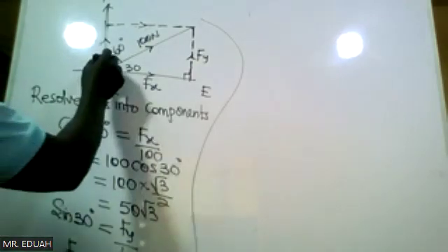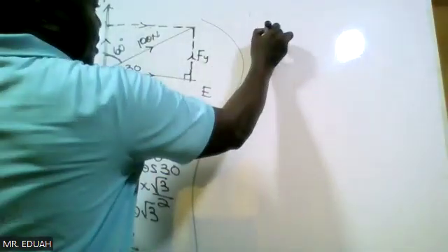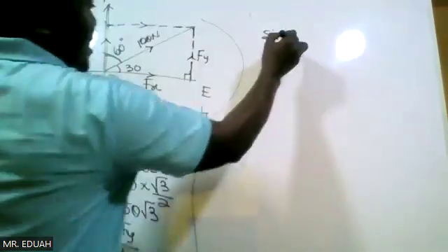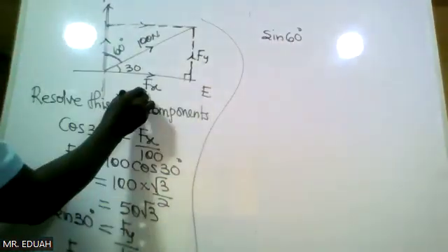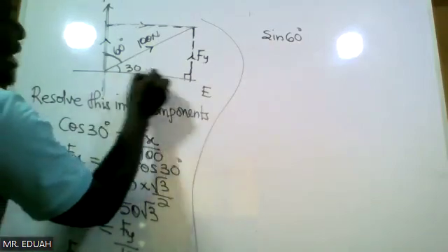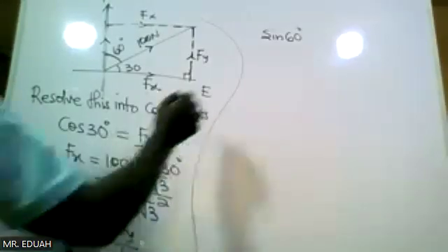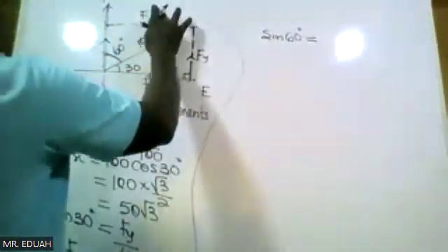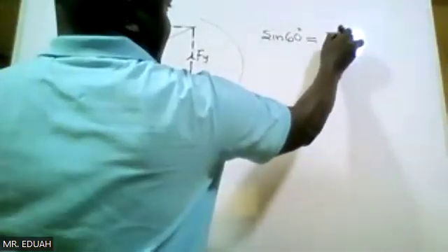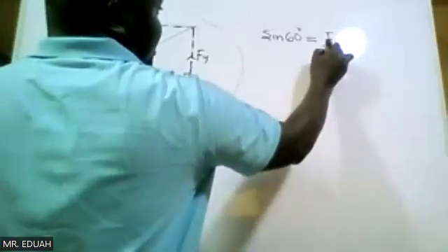So if I take sine of 60, this is the opposite, which falls within the x-axis. So this is also Fx. So sine 60 would be equal to the opposite, which is Fx, over hypotenuse 100.